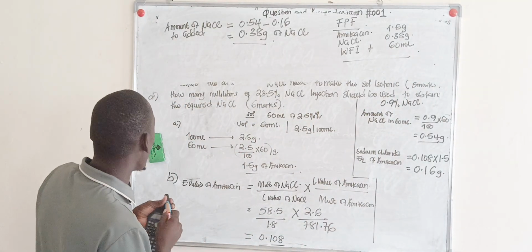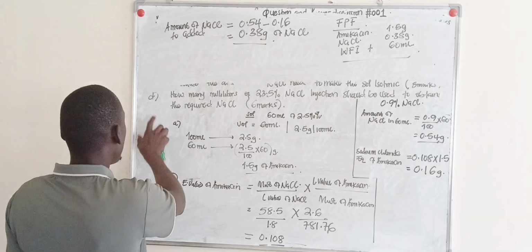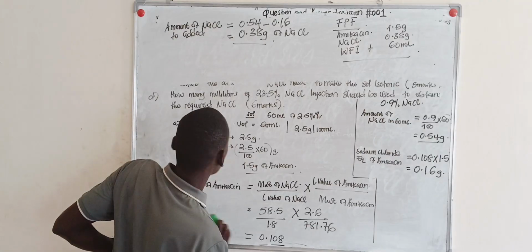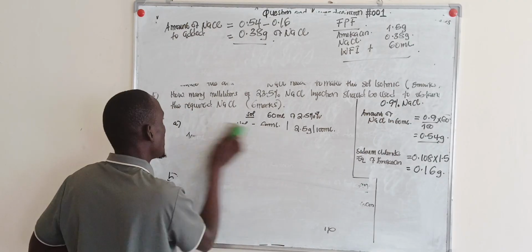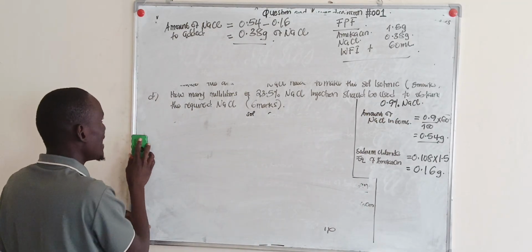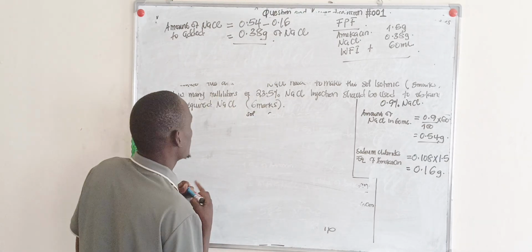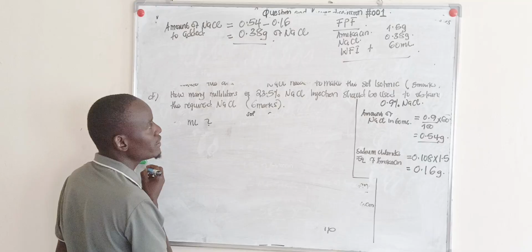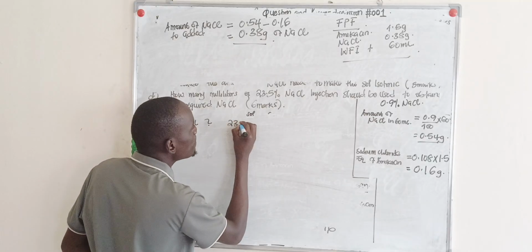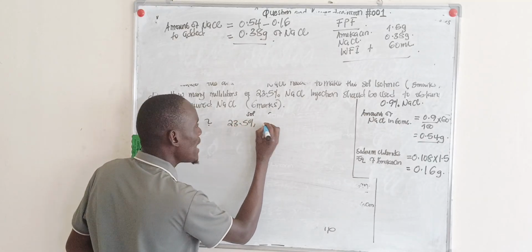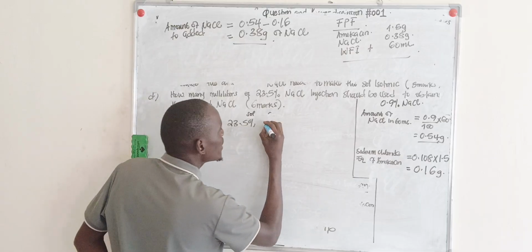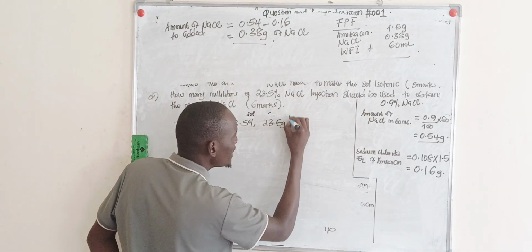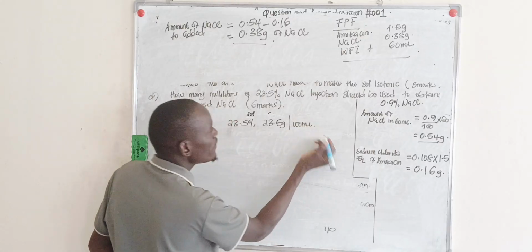Let's look at part D of the question. Part D is saying, I hope you have put this down, how many milliliters of 23.5%... Remember, if they say 23.5%, we mean we have 23.5 grams of sodium chloride in 100 mils of the solution.